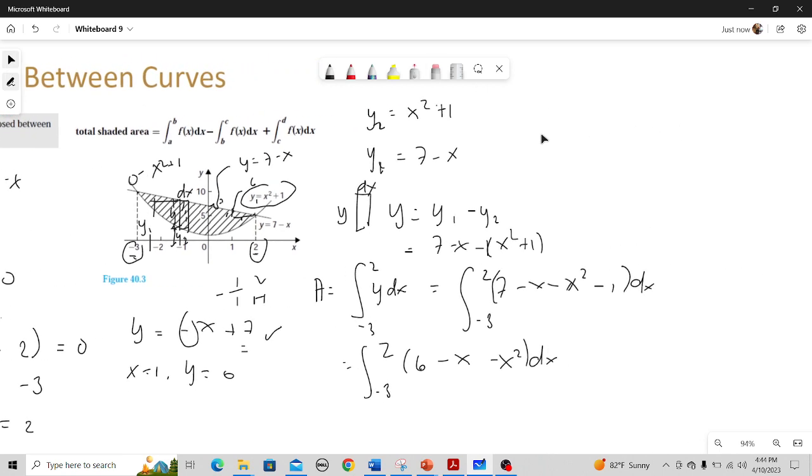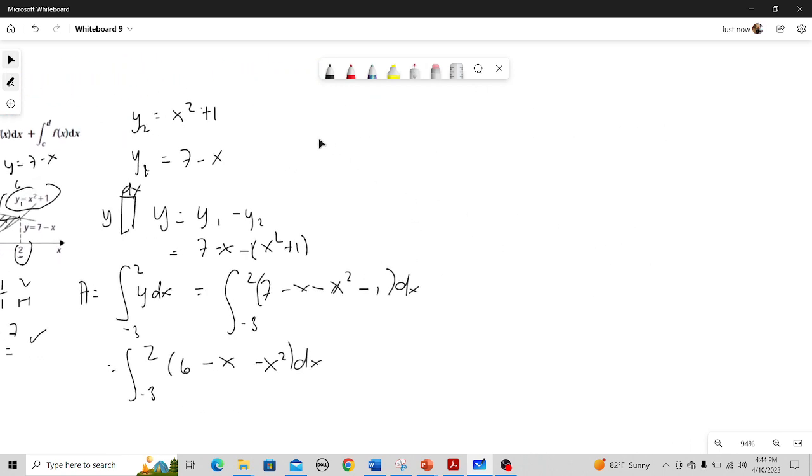From here we can integrate. This value becomes 6x minus x squared over 2 minus x cubed over 3, from negative 3 to 2.